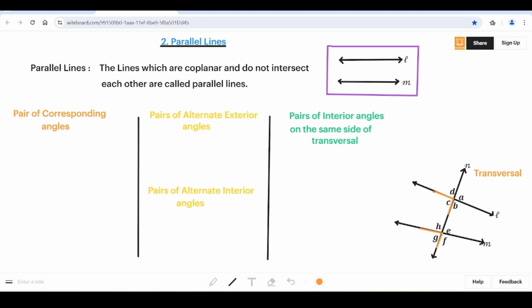Now we will write how many pairs of corresponding angles are there in this figure.